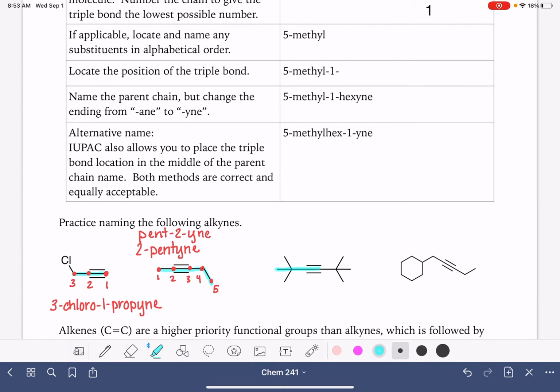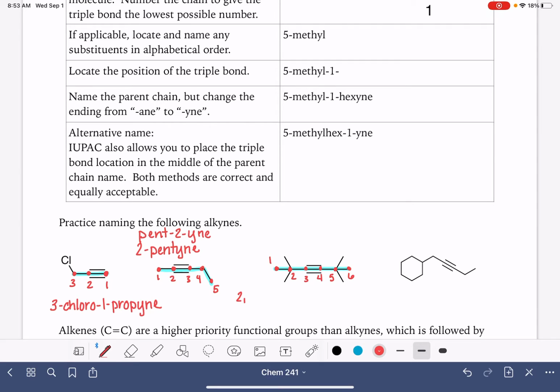Here's our next example. Our longest carbon chain is going to go right here, right through the middle of the molecule. That's a 1, 2, 3, 4, 5, 6 carbon chain. Whether we number from left to right or right to left, our carbon-carbon triple bond is going to be between carbons 3 and 4. So we've got 4 methyl groups on this one.